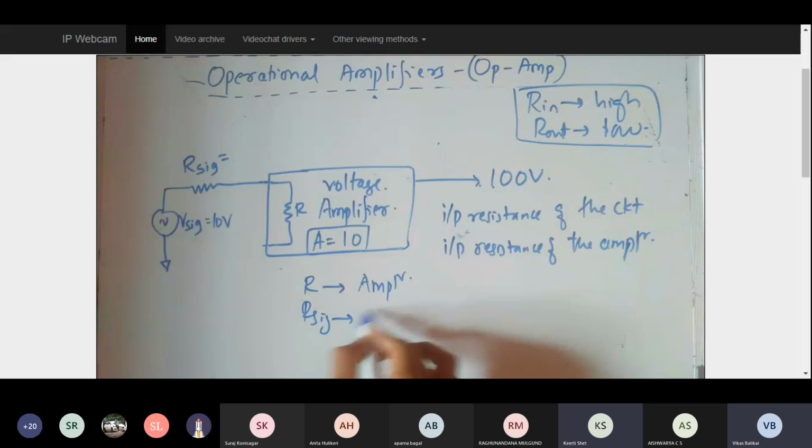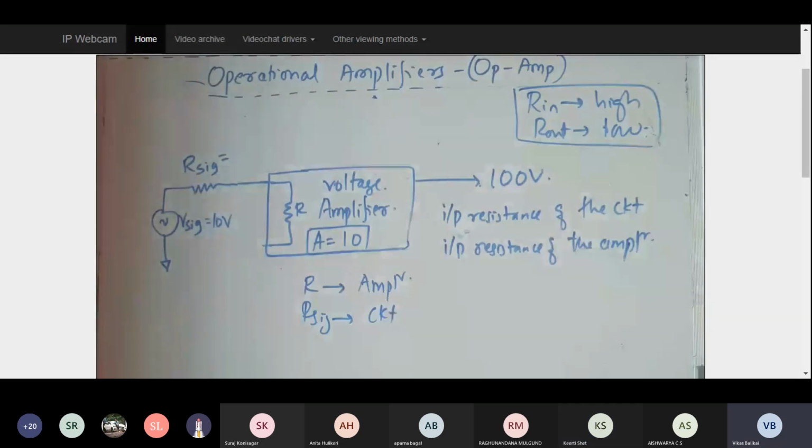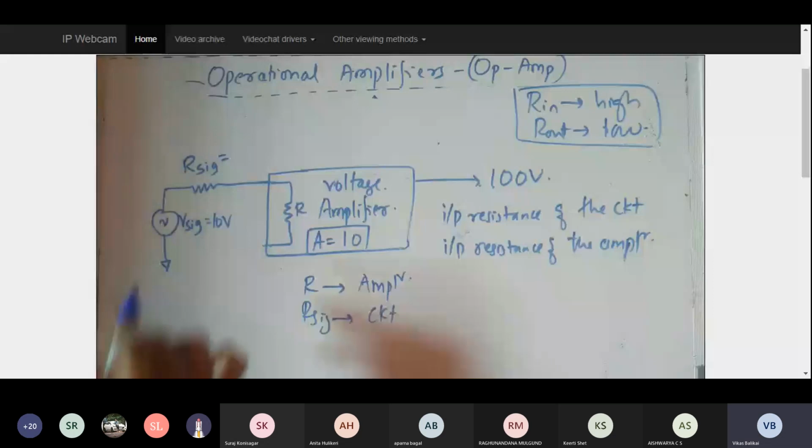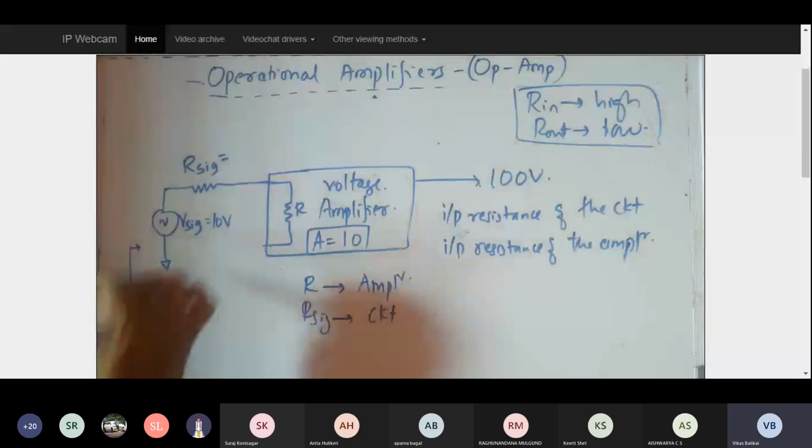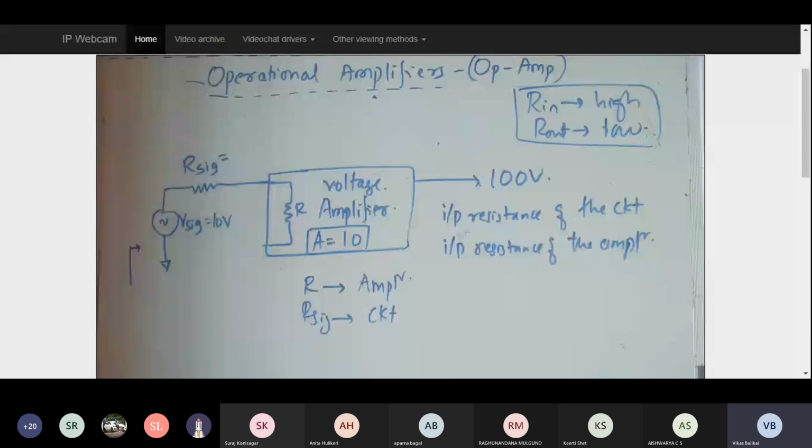See, I'll tell you. Whenever you want to identify the input resistance of any particular device or circuit, you have to assume yourself standing here, at the input side.